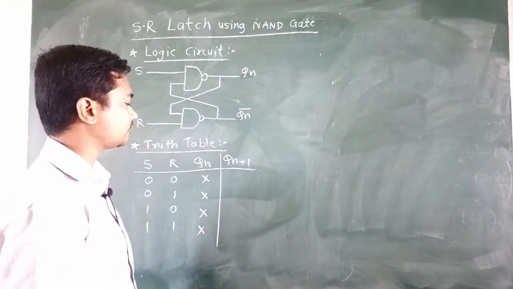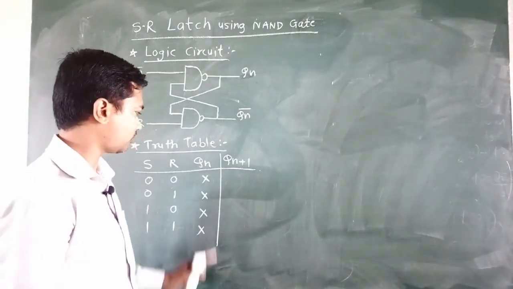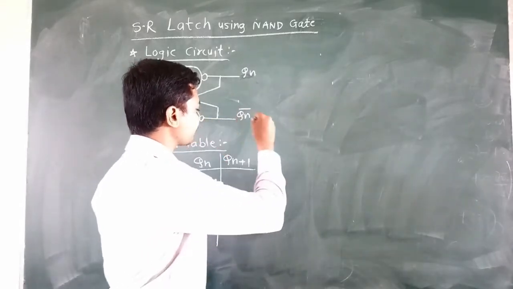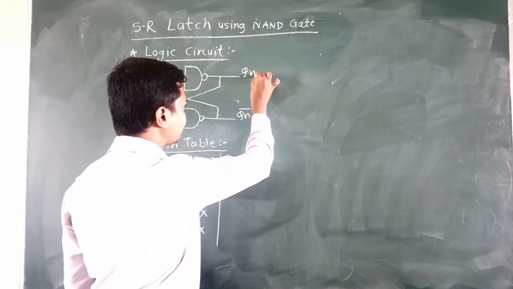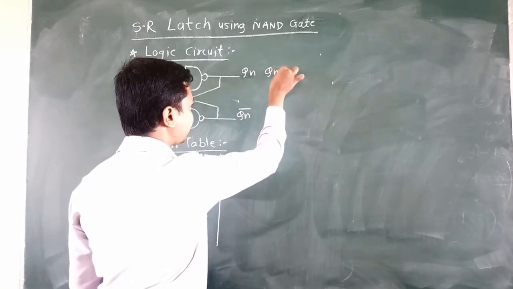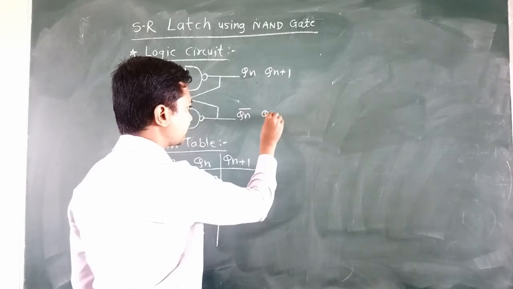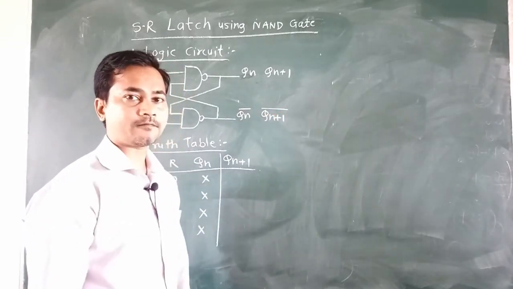Let us do some mathematical calculations for these inputs to obtain Qn plus 1. Qn is the present output and Qn plus 1 will be the next output, and Qn plus 1 bar will also be the next state of output.